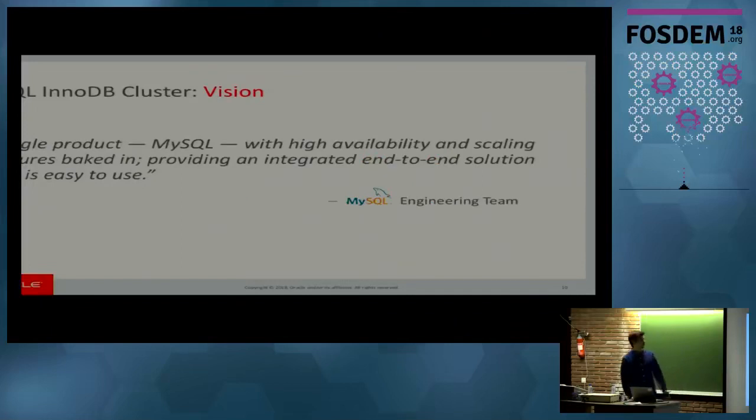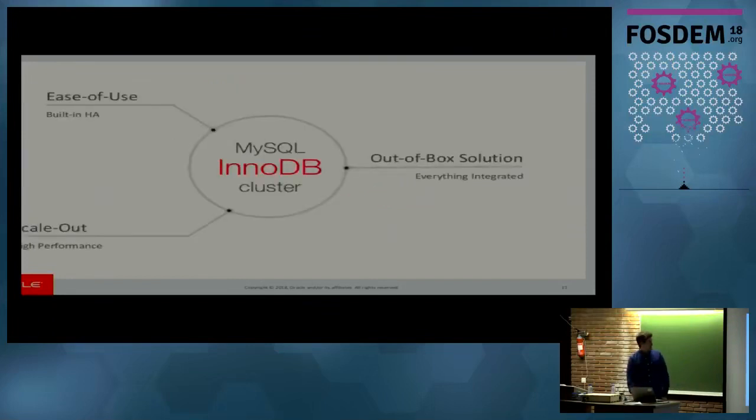There is a single product, MySQL, no external components, with high availability and scaling features baked in, providing an integrated end-to-end solution that is easy to use. That's one of the main goals of InnoDB cluster. It's usability. So, three main characteristics: ease of use with built-in HA, an out-of-box solution with everything integrated, and this sets the base for scale-out and high performance from now on.